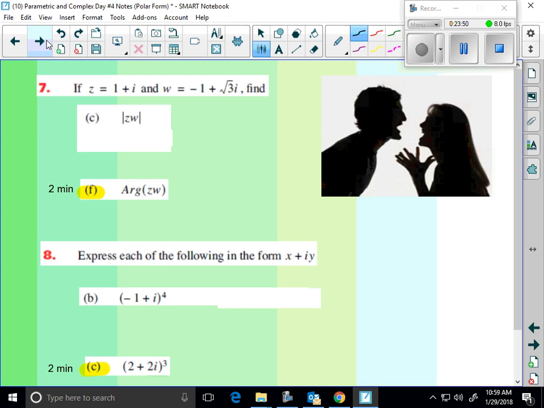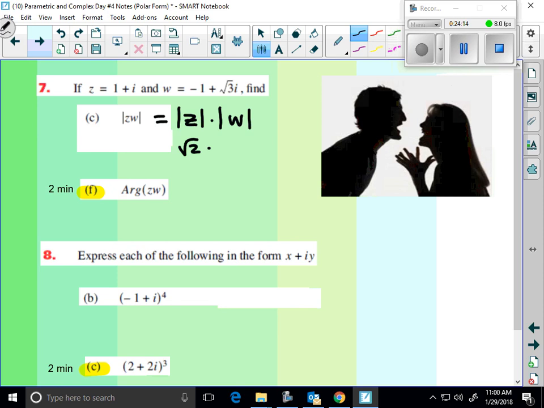Hey, one nice little shortcut here for C, and then I'll leave you alone, is to find the modulus of Z and then just multiply it by the modulus of W. That's just Pythagorean theorem. What's 1 squared plus 1 squared? 2. So the modulus of Z is the square root of 2. What's the modulus of W?